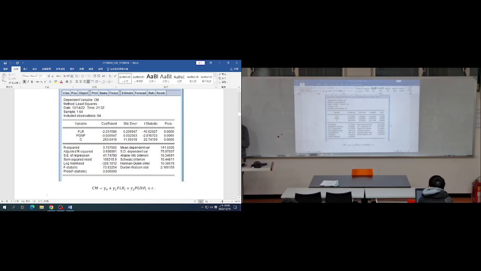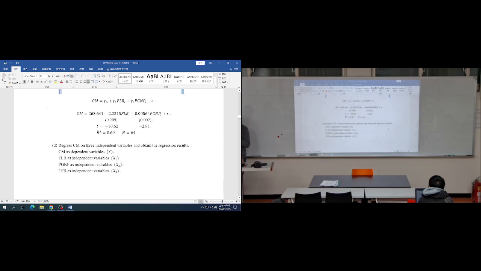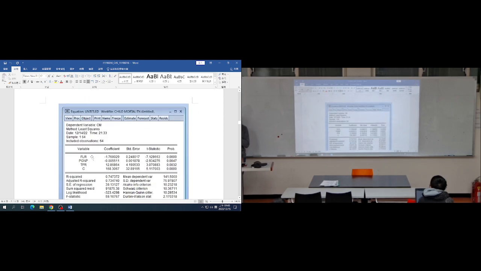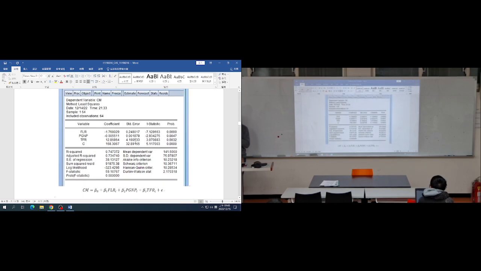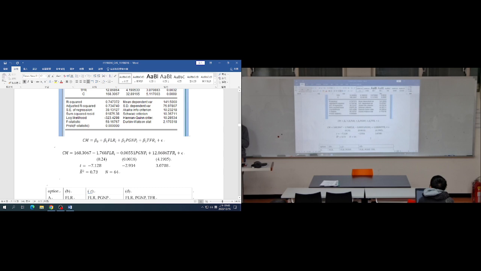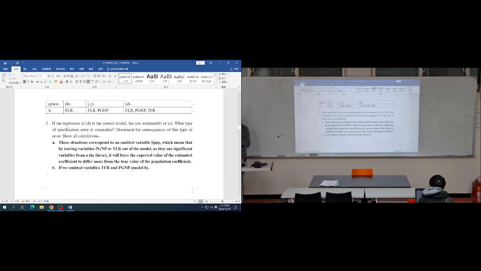Then you have the statistics here. And finally, we add the last variable, which is the number of children. So we have our last regression with the main statistics. That's our three options, B, C, and D. Now we go on.